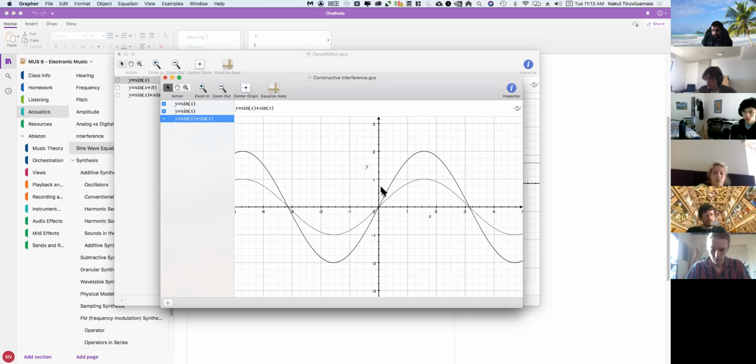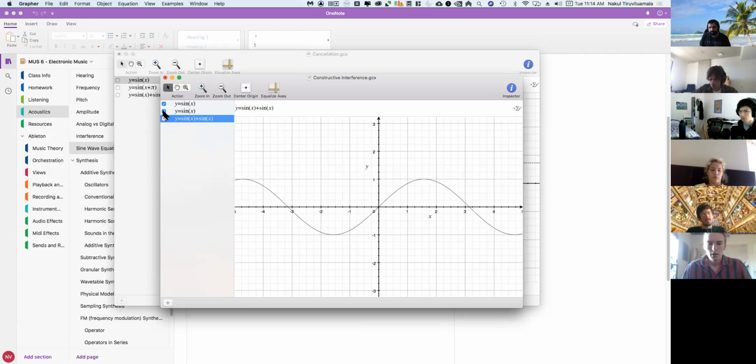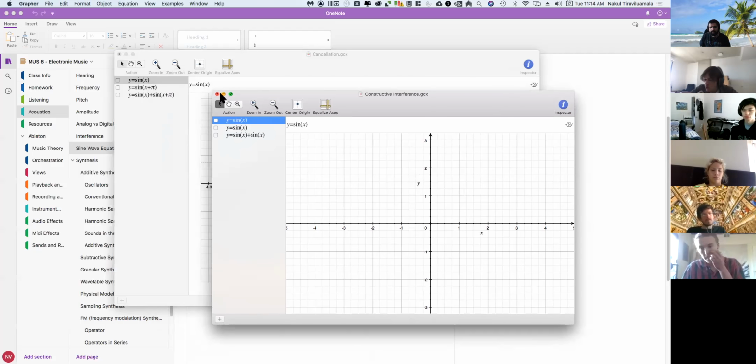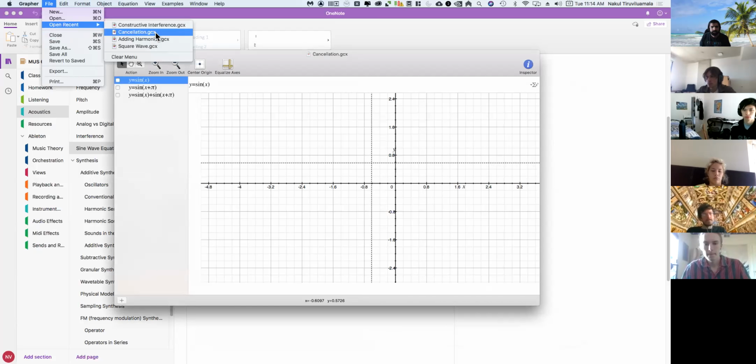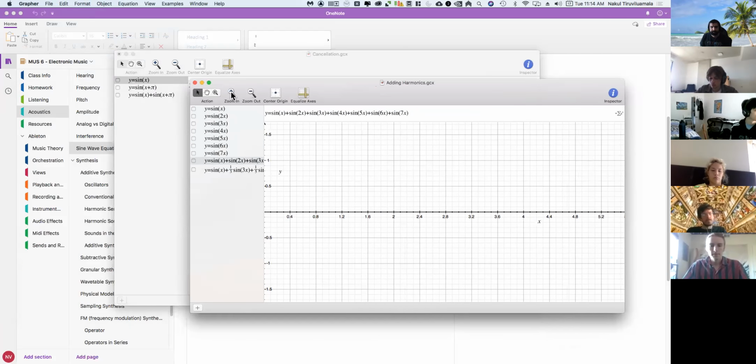So if this value was 1 for the first wave, and it's 1 for the second wave, if you combine the waves, you get 2, right? If it's 0 for the first wave and 0 for the second wave, and you add the contributions of both waves, you get 0, right? It's just addition. You're just adding the contributions of each wave, and you're just looking at it on a graph. So similarly, you can add together a bunch of different waves in this manner. We're going to talk about the harmonic series, which is a very interesting case.